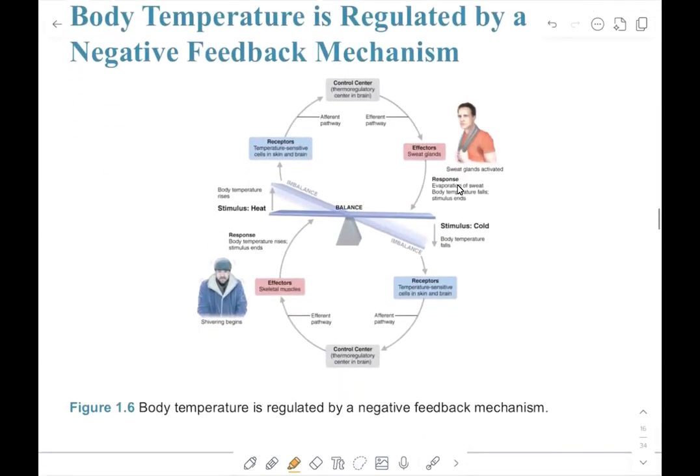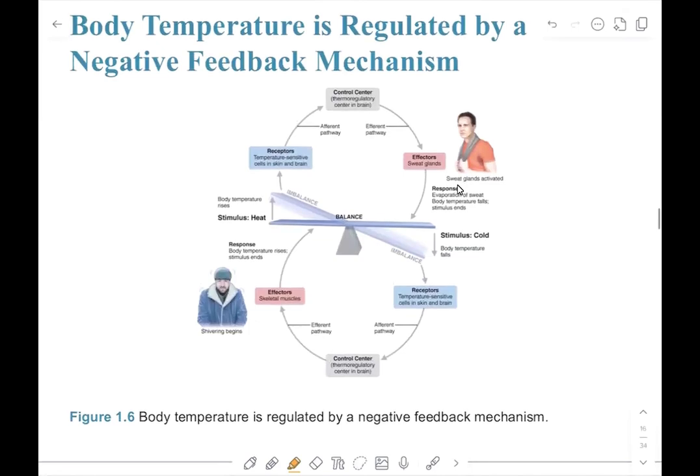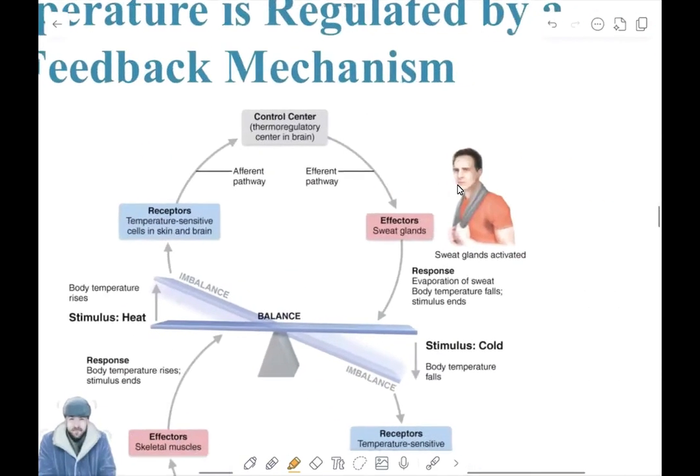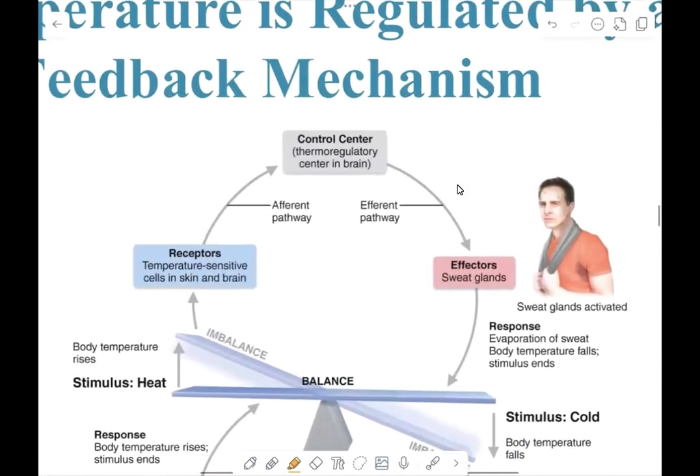In this case, we see two negative feedback systems in different environments. So if we look at this top part first, I'm going to zoom in it so we can look at it a little more closely. The change in variable is heat. So the body temperature rises. Temperature sensitive cells in our skin and brain sense the increase in that.